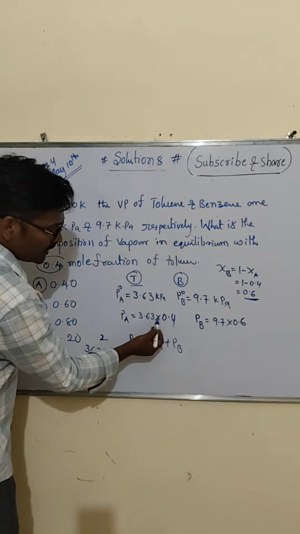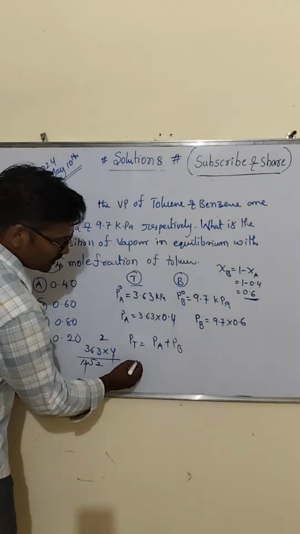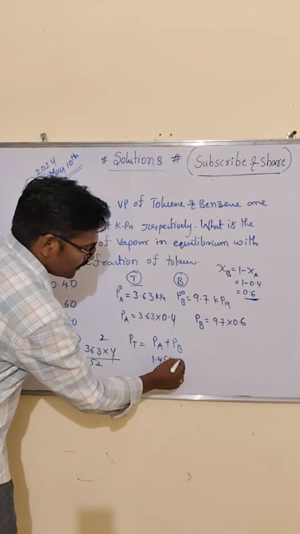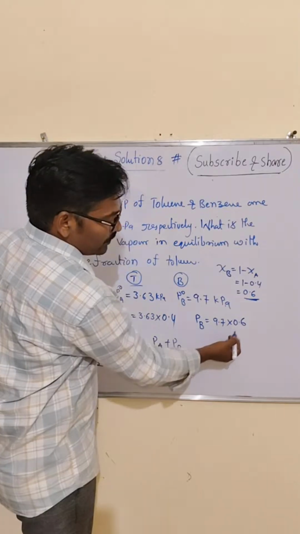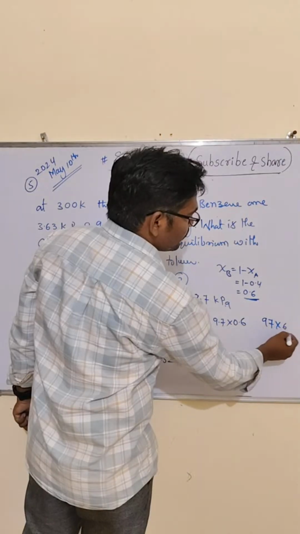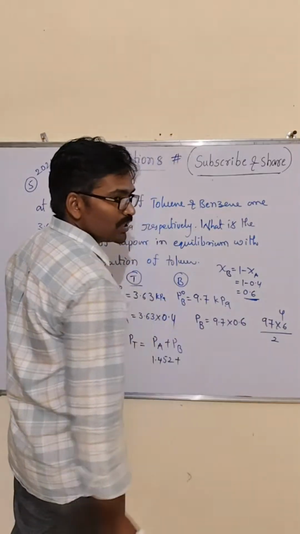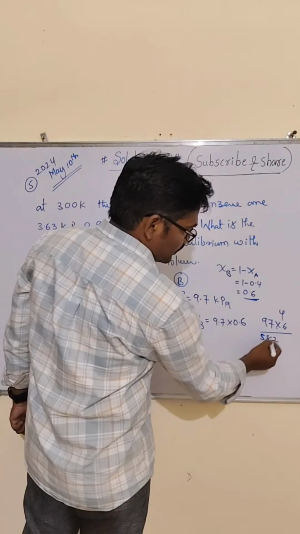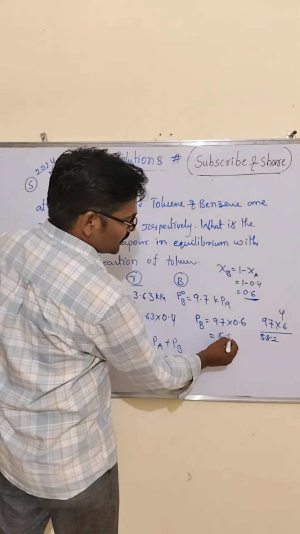After the 3 decimal points, we get 1.452. Then P naught B: 9.7 into 0.6, so 97 into 6. 6 7s are 42, then 6 9s are 54, 54 plus 4, 58. After 2 decimal points, we get 5.82.